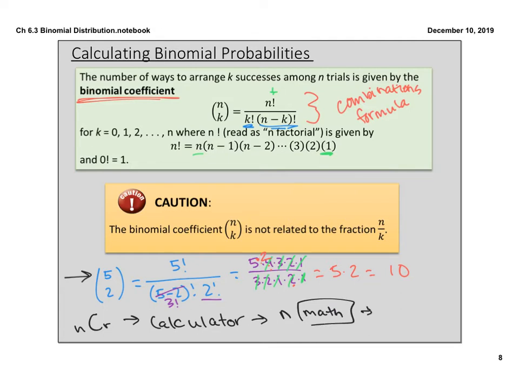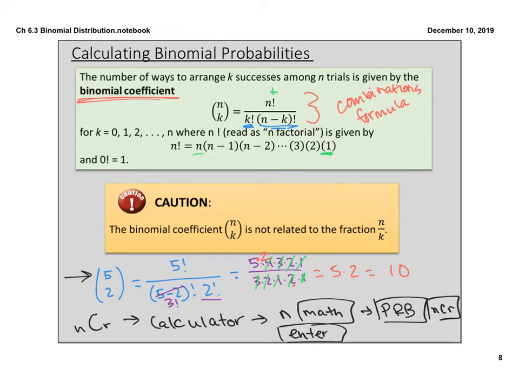You arrow over to probability, so PRB. And then for me, it's option 3, but you're looking for nCr. Hit enter on that.